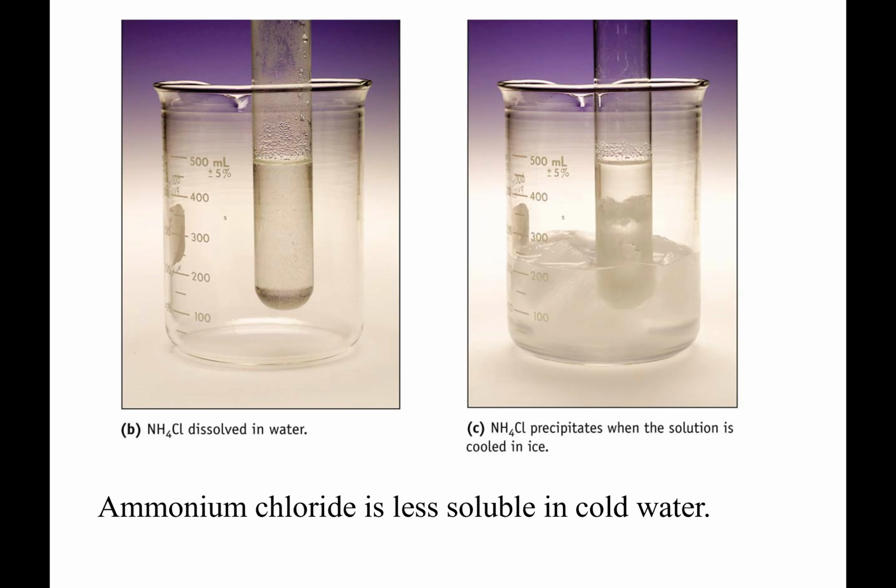And check this out. We get sludge. So would you say in the colder temperature, is it more soluble or less soluble? Less soluble. And the fact that we had no sludge here, I don't even know if this was saturated. But I know as I cooled it down, at some point I reached the saturation and it began to precipitate out.